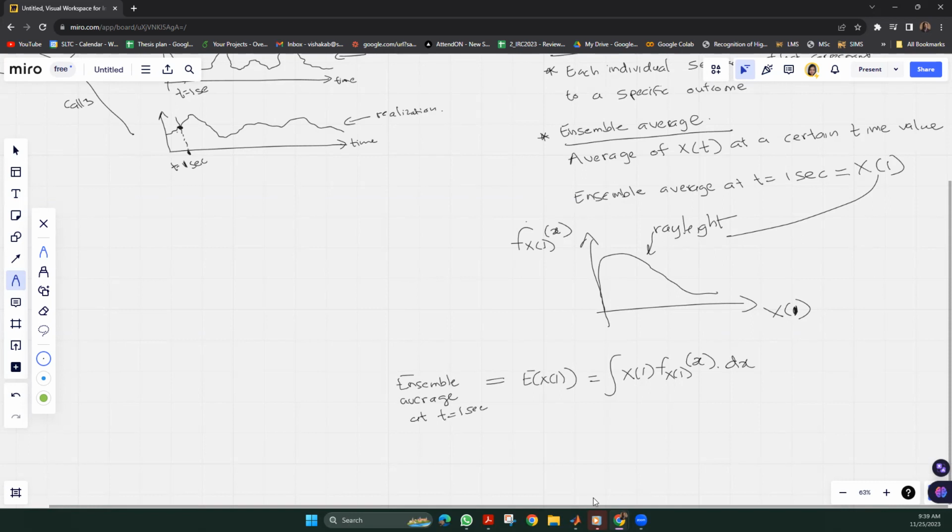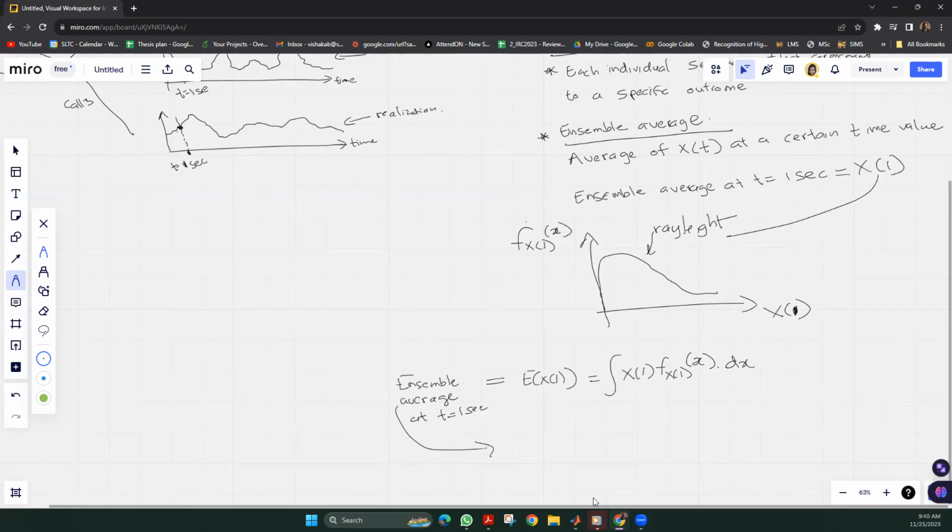Likewise, we can compute the ensemble average at each time instance of the random process. If the ensemble average that we compute does not vary, we call such random processes stationary processes.